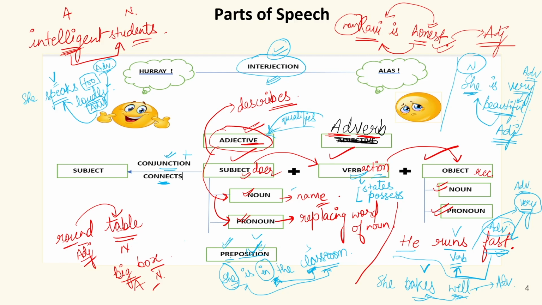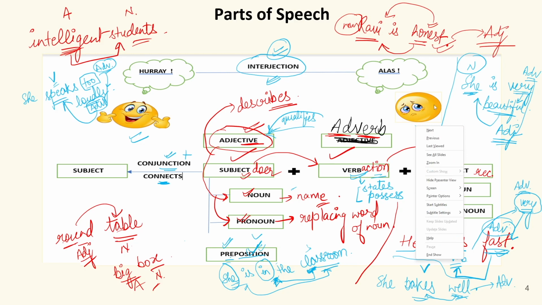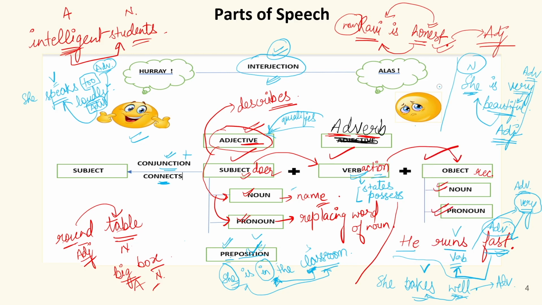For example, if one succeeds, he says hooray. If one fails, he says alas, oh god, oh no. These reactions, these exclamations are known as interjections. For example, you can see this person, he's very happy, hooray. Whereas this person is very sad. I don't know what has happened to her or to him, but something might have happened. That's why he's sad, so he's saying alas.